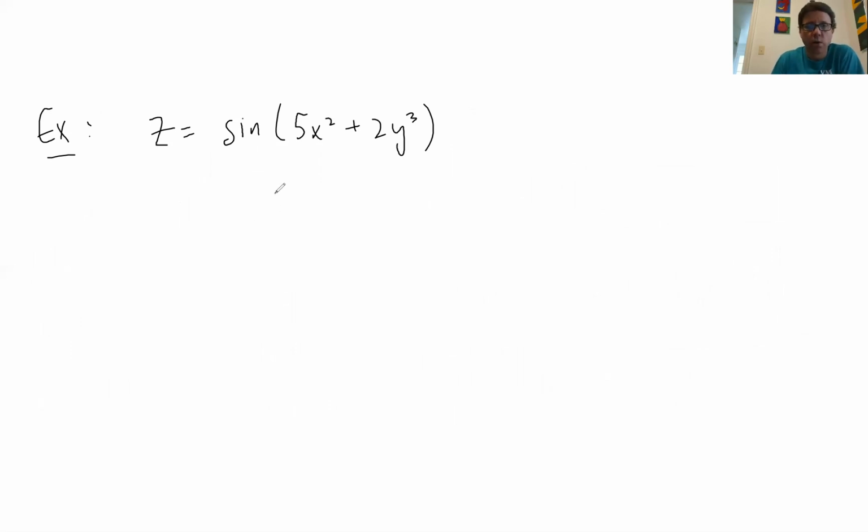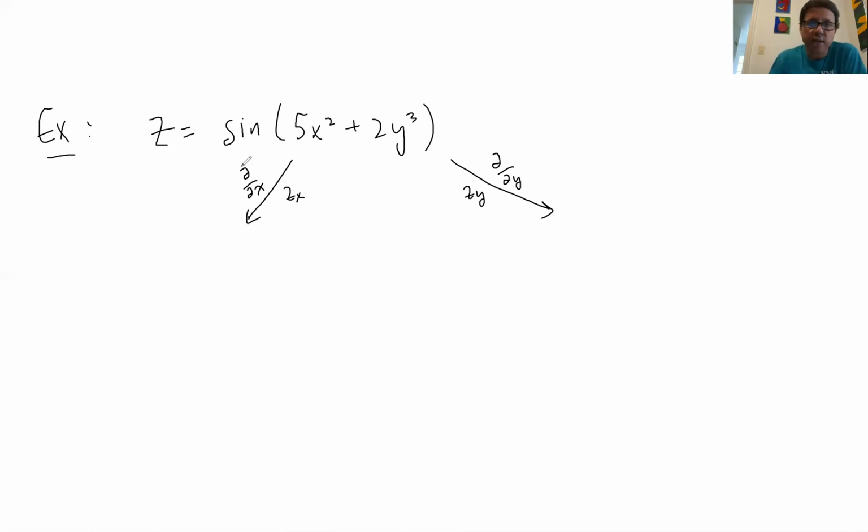Find all the partial derivatives. Maybe I can make my tree here. Let's try. If I do my x derivative on one side and I do my y derivative on the other side, I'll get z sub x and I'll get z sub y.